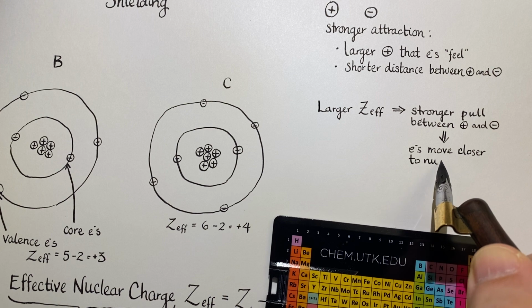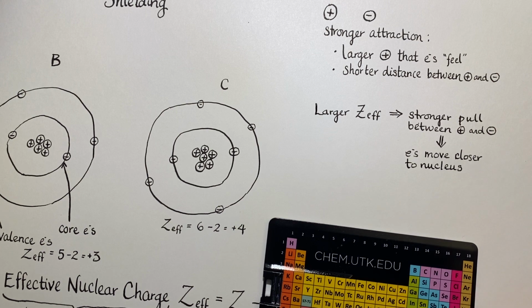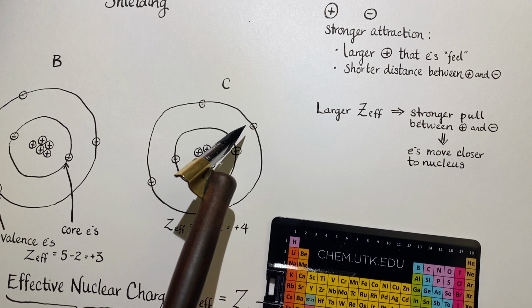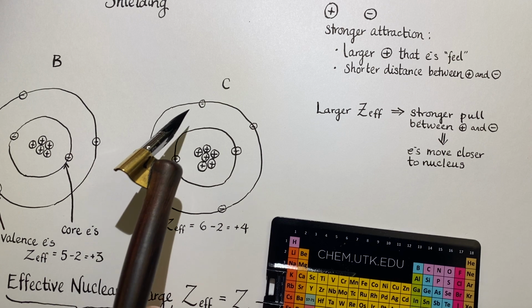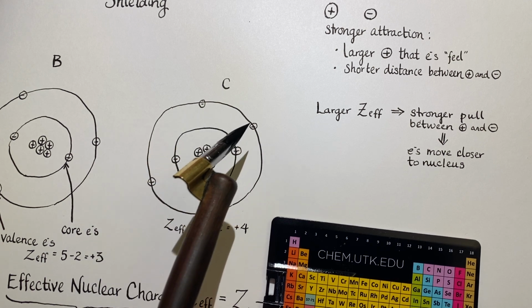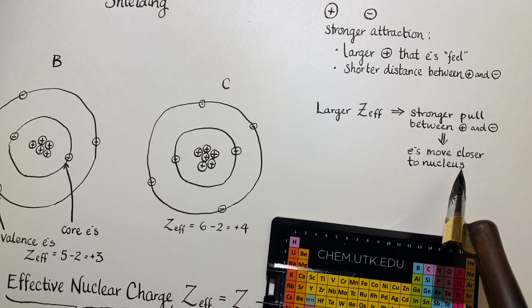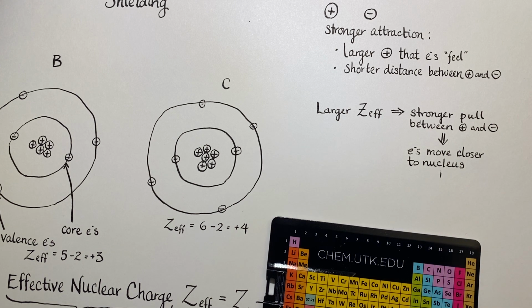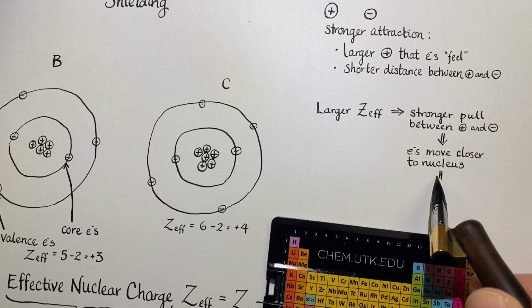Now there is a limit to how close they can get, because there is electron-electron repulsion. So it's not like they can all squeeze in really close, because at some point they will repel each other too much to be able to get too close. But there will be a stronger pull, and they will move in closer. And ultimately, what happens is that the overall radius or diameter of the atom gets smaller.